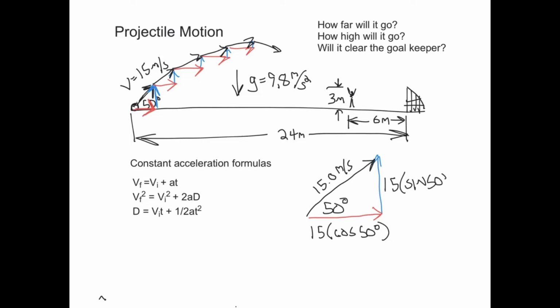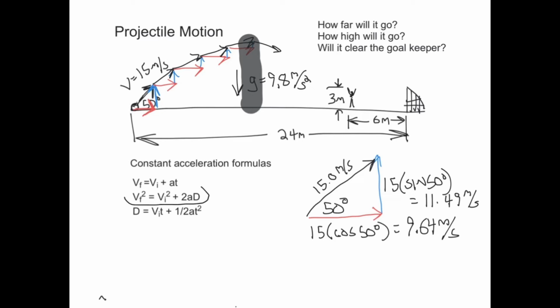So the y component will be 15 times the sine of 50 degrees. And so just adding the numbers, we have 9.64 meters per second in the x direction. That'll stay constant. And the y component will be 11.49 meters per second initially, but that will, of course, be changing.